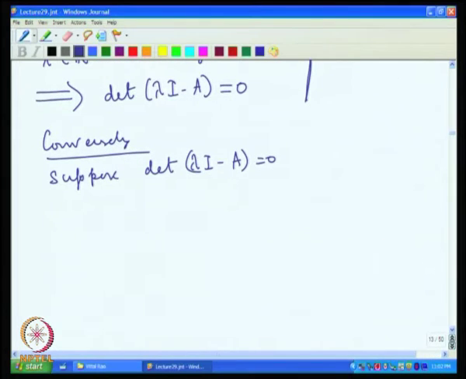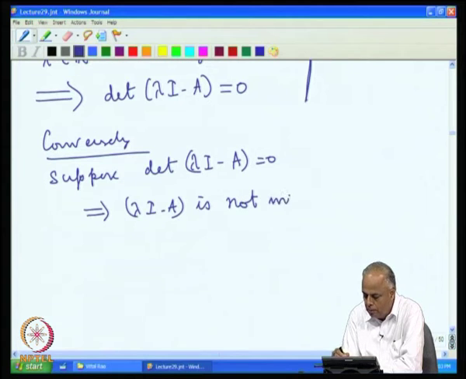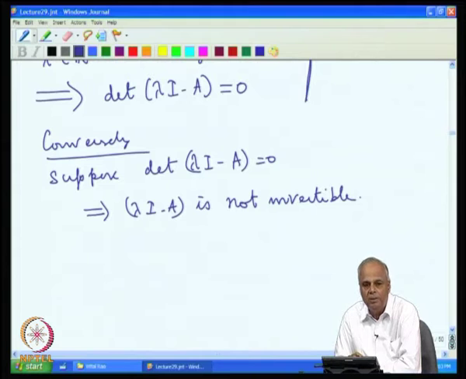Determinant of lambda I minus A equal to 0 implies the matrix lambda I minus A is not invertible, because the moment the determinant is 0, the matrix cannot be invertible.